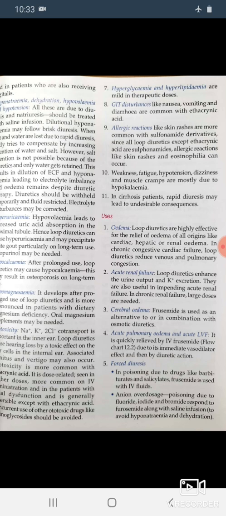So in poisoning due to drugs like barbiturates and salicylates, furosemide is used with IV fluids. Because furosemide, as we have discussed, produces diuresis within 2 to 5 minutes, the poison can be ejected very early. Like that, anion overdosage. Which anions? Fluoride, iodide and bromide. When there is poisoning due to these three anions, furosemide can also produce diuresis immediately and eject these anions out of the body.